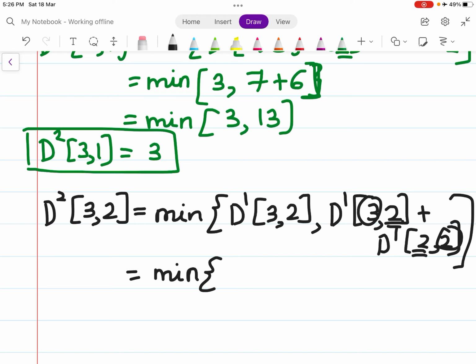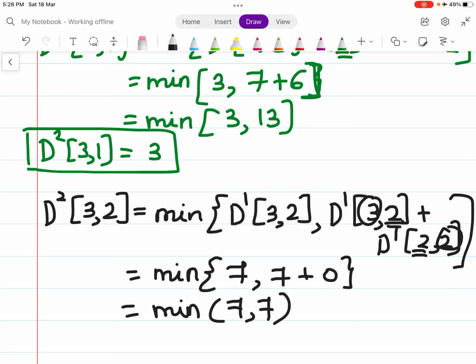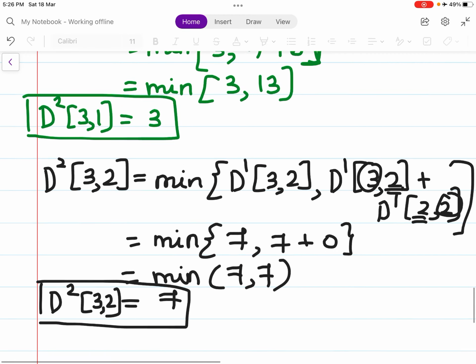Minimum of D1 of 3 comma 2 is 7. 7 plus the self loop, which is 0. So the minimum of this will be 7. D2 of 3 comma 2 is 7.